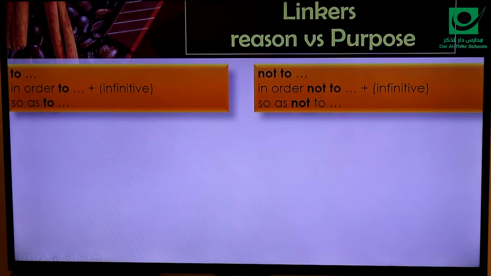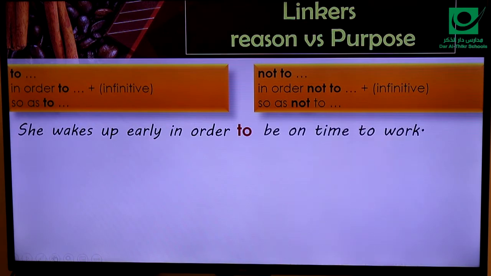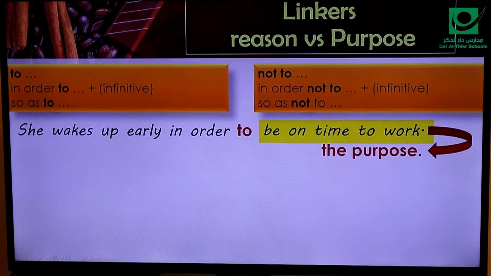Let's go ahead and get some examples for this. She wakes up early in order to be on time to work. Look here, we have be. This is the infinitive. So be on time to work is the purpose.